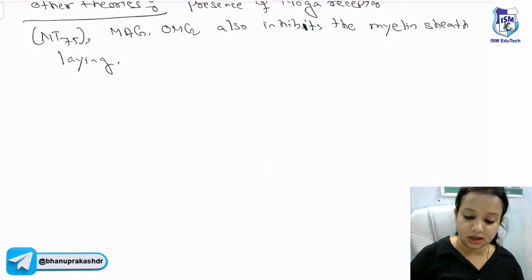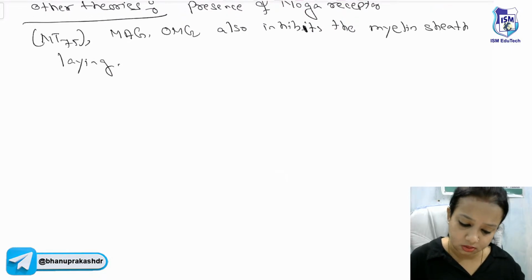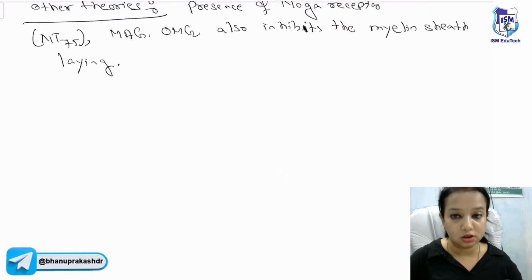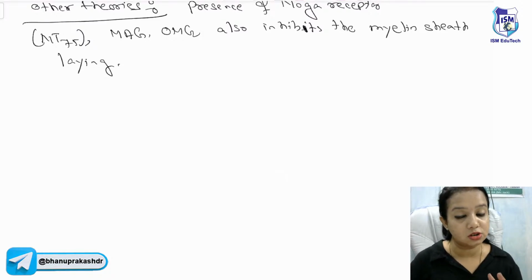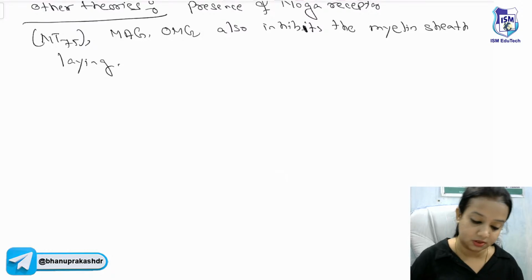Okay, so this is a theory, it has not been proved. So these are the possible reasons why there is no regeneration of the central nervous system nerve fibers. Okay.